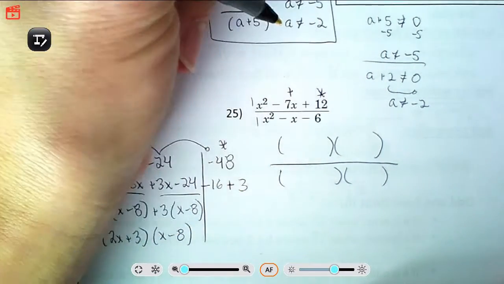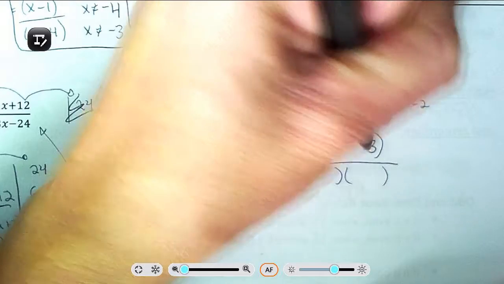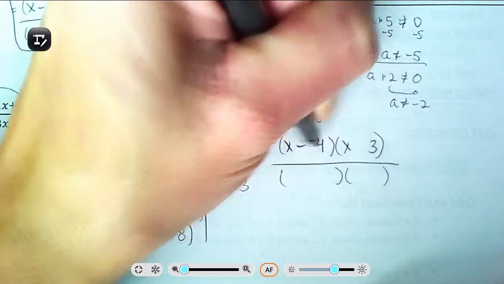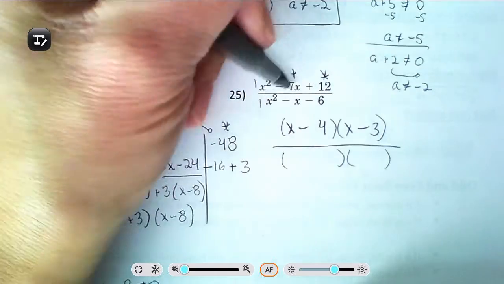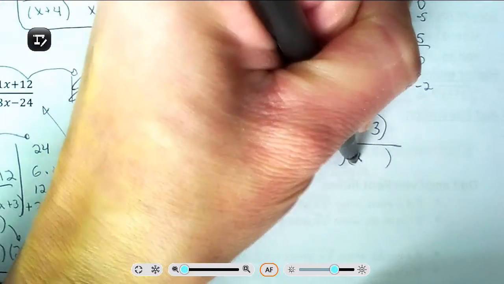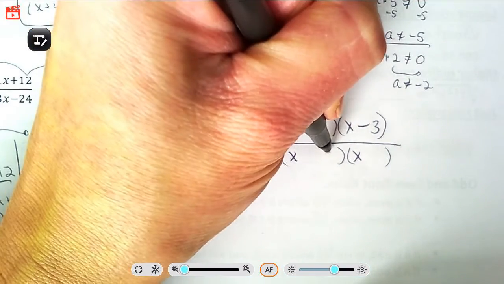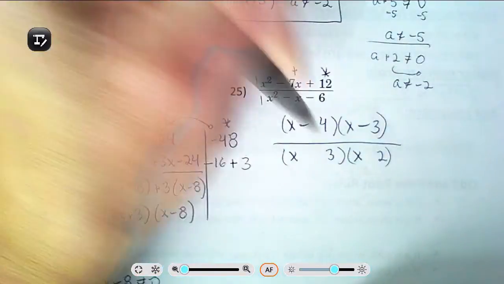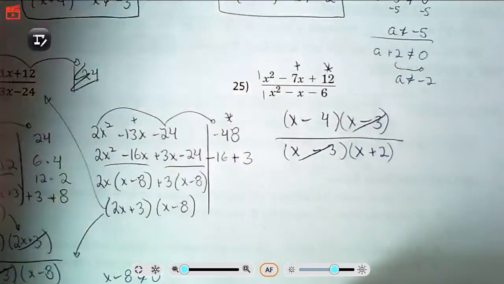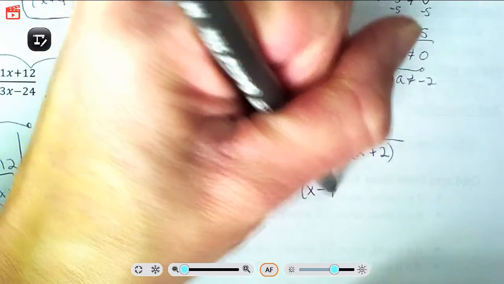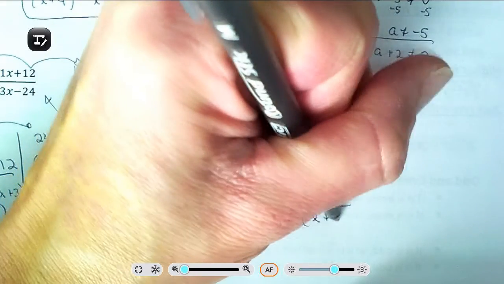That could be 4 and 3. Two negatives to subtract down to negative 7. In the denominator, put your x's on the left. 3 and 2 will multiply to 6, negative 3 plus 2. x minus 3's cancel. We have x minus 4 over x plus 2.